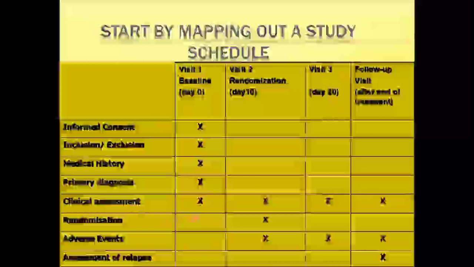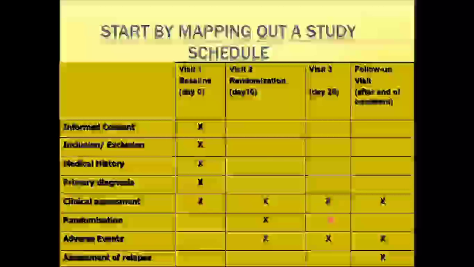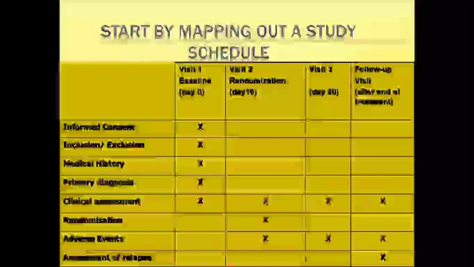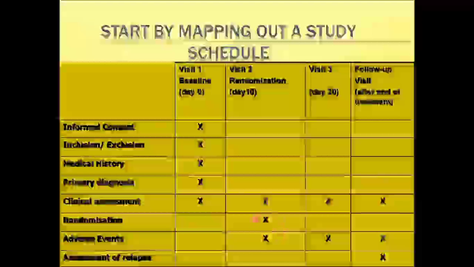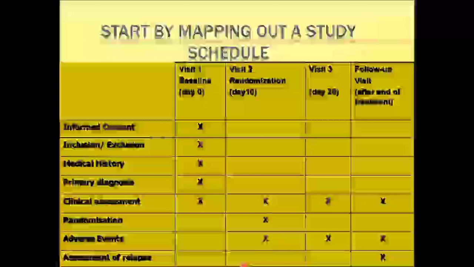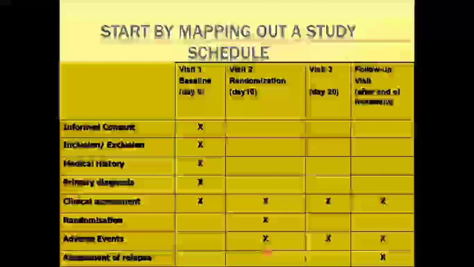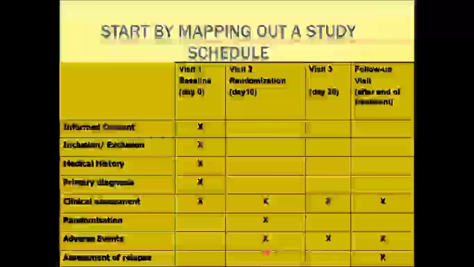This clinical assessment would be done again on day 20 of the visit and maybe at the follow-up. Randomization would only be done once, on the day that is allowed. Adverse events, if it is a drug related trial, would be assessed at day 10, 20 and follow-up. And if there is any relapse, that would be taken up at the follow-up visit. So this is just a brief view. It could vary in different studies.